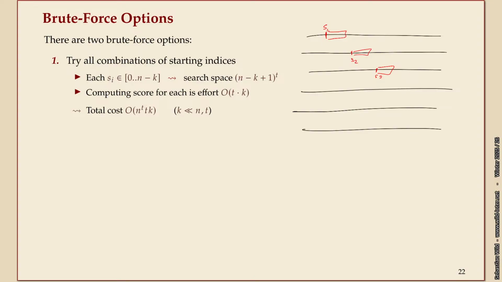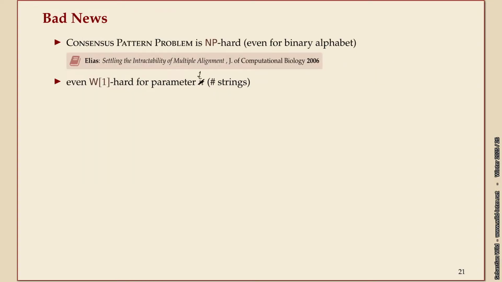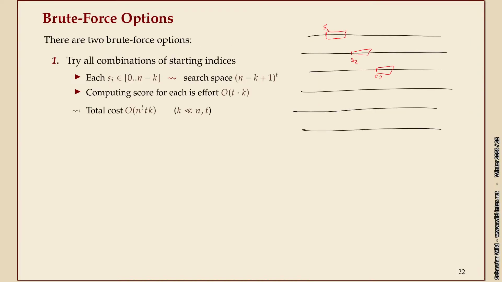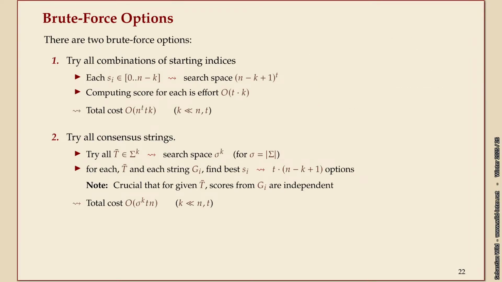What else could we do with the reformulation of the problem from here? Maybe we can first find the right consensus string and then worry about the rest. And that indeed also works. So you could try brute force over all possible strings for the consensus string.